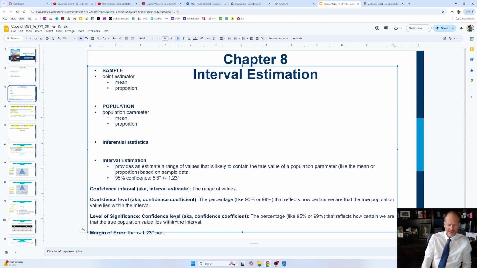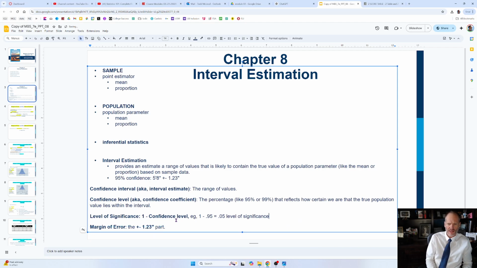And the level of significance is 1 minus the confidence level, right? And so that would be, e.g., let's put a little e.g. in here. So e.g., for example, that's what e.g. stands for. It would be 1 minus 95%, 0.95. 1 minus 95% would be equal to a 0.05 level of significance.